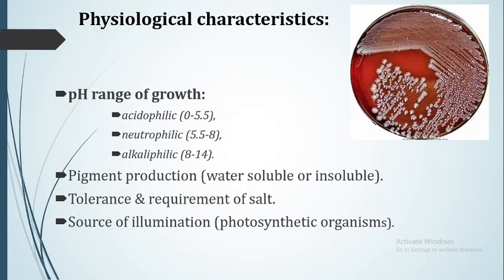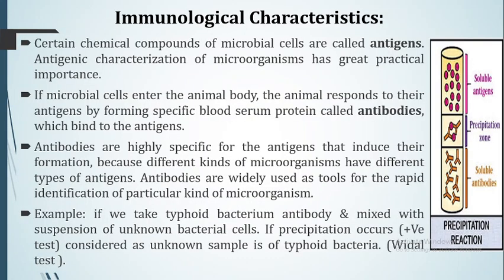With respect to pH range, organisms are categorized into acidophiles, neutrophiles, and alkalophiles. Other characteristics are pigment production, either water soluble or insoluble, tolerance and requirement of salt, and source of illumination, as in photosynthetic organisms. So these are the different physiological characteristics of microorganisms.